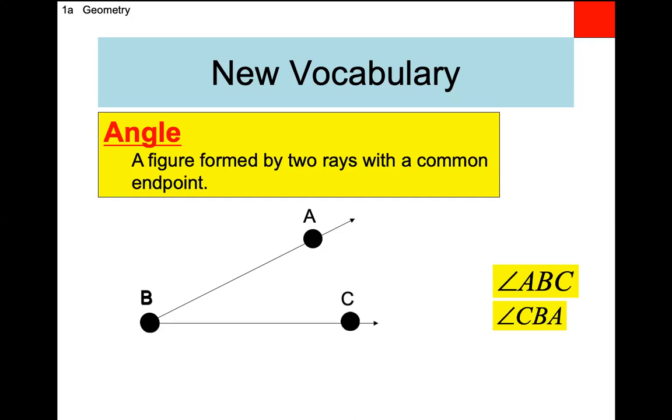So only if the angle is kind of floating out there all by itself, guess what we can call it to make our life easier? We can call it angle B. But you can only do that if the angle is by itself.